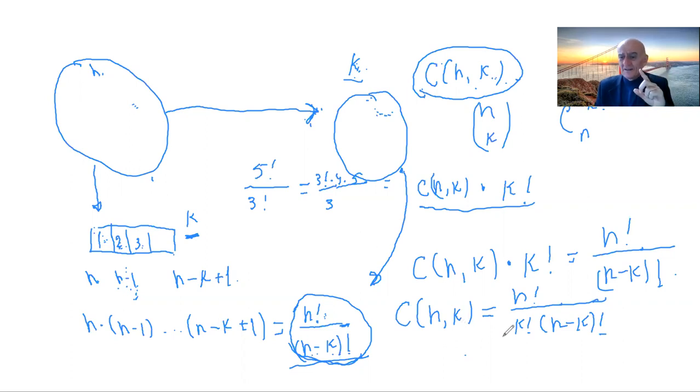Now let's check how it works, this formula. For instance, imagine that k equals 1. K equals 1, what it means? We are looking for number of subsets with one element.